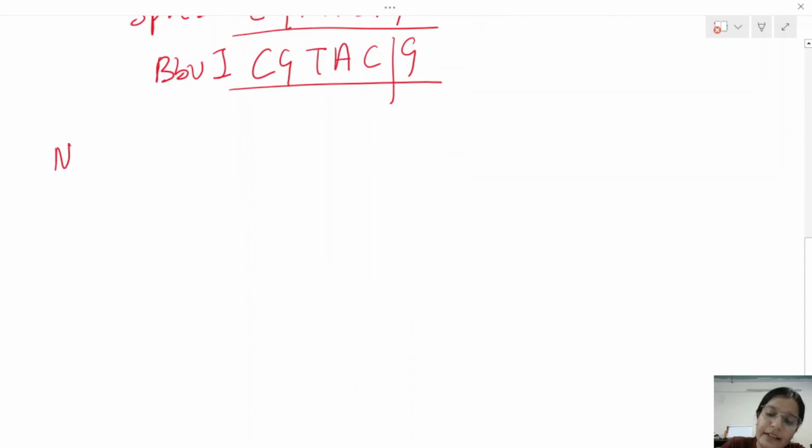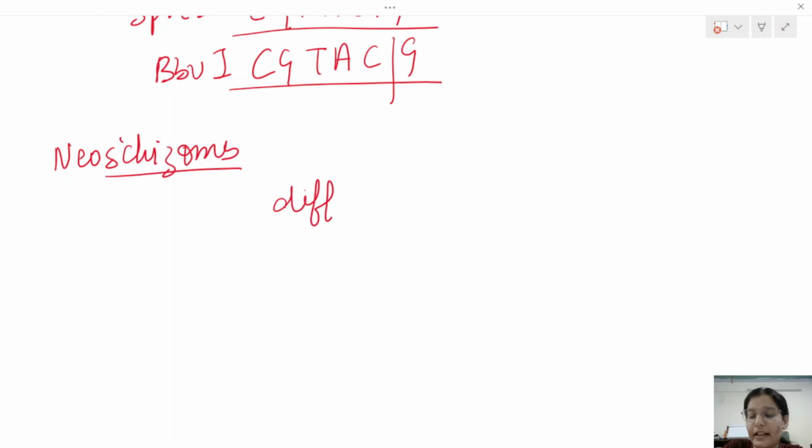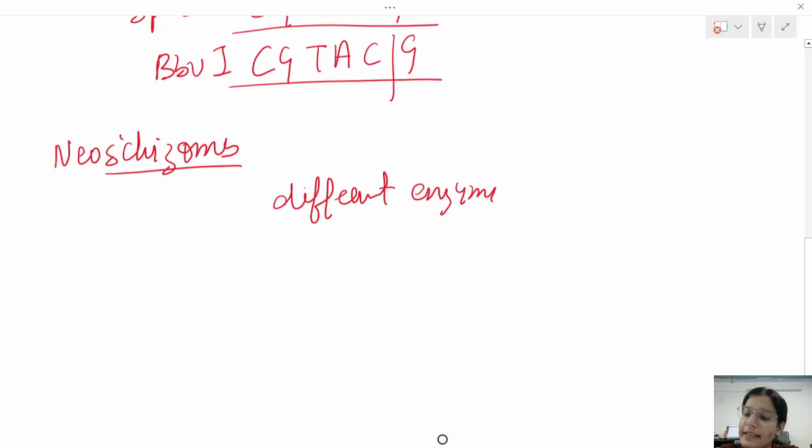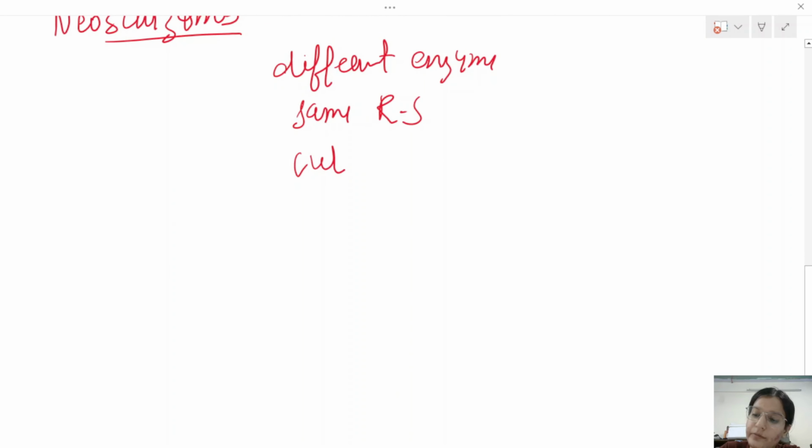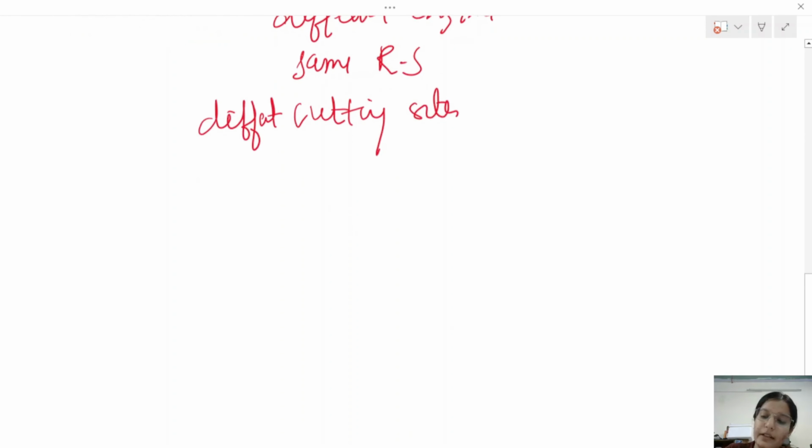Another term is neoschizomers. So what is it? Different enzymes, same recognition site, but they cut at different cutting sites.